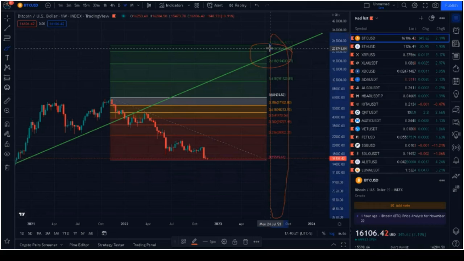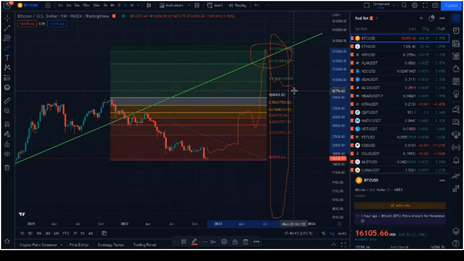So you're looking at minimum another half a year to a year of just drudging sideways, trading in these little ranges, making our way up, and then blasting off, and then coming down.